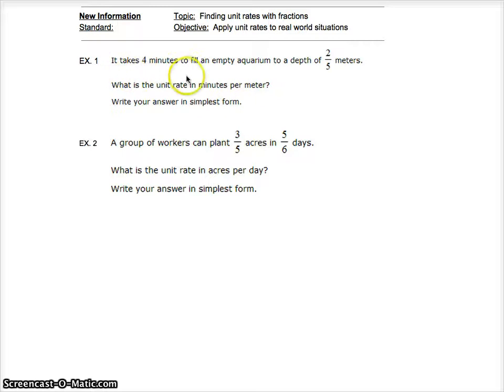In the first example, it says it takes 4 minutes to fill an empty aquarium to a depth of 2/5 meters. What is the unit rate in minutes per meter? So the first thing we need to do is write out our unit rate. So we're going to write out the rate.